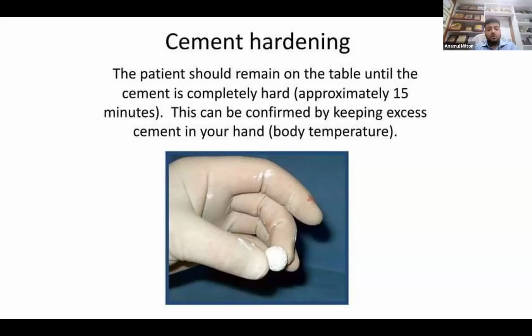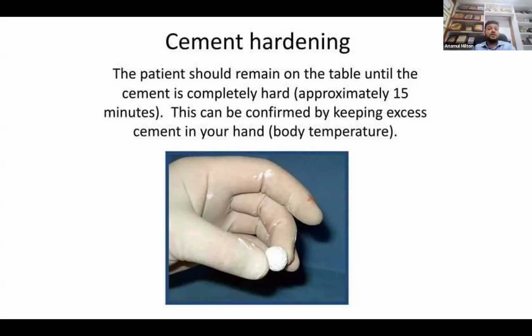So it hardens much faster. Okay, so approximately 10 to 15 days is enough to harden this cement.